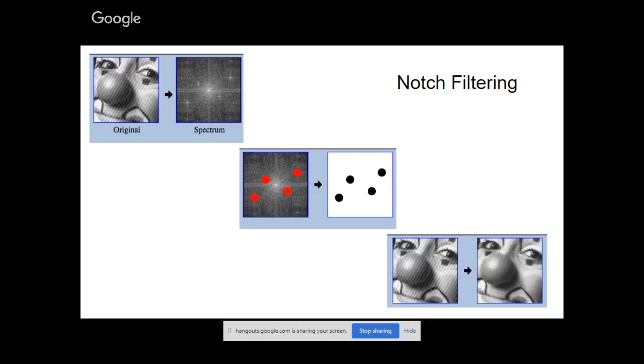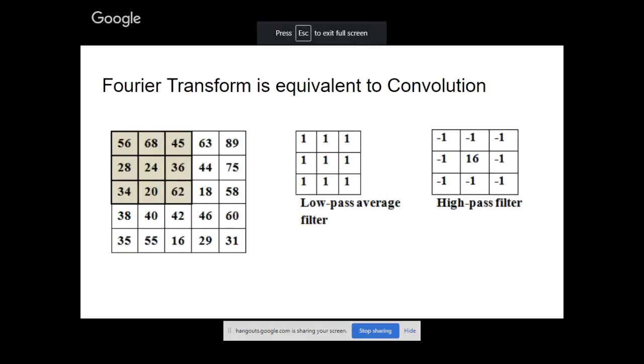The one thing, and we'll talk a little bit more about this next week also, is there are equivalent techniques to what we did, and that's what's known as a convolution. A convolution is basically taking a kernel. What is a kernel? It's nothing more than a sub-image with different weights in it. What you do here is you take this, put it on top of the image, multiply it by each number, sum it up, deposit it into the middle.